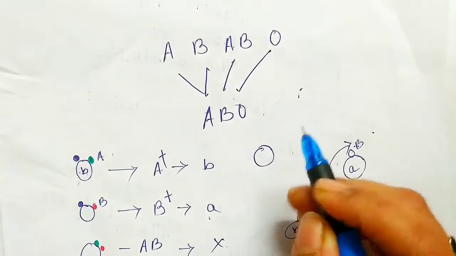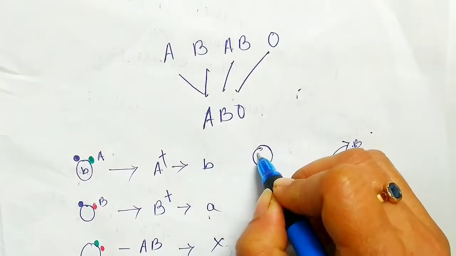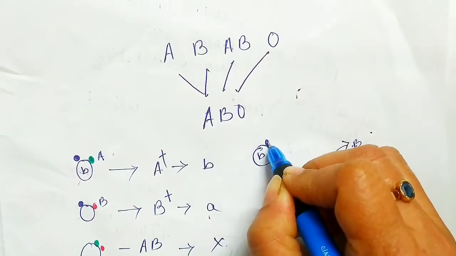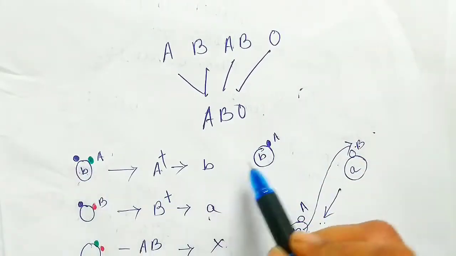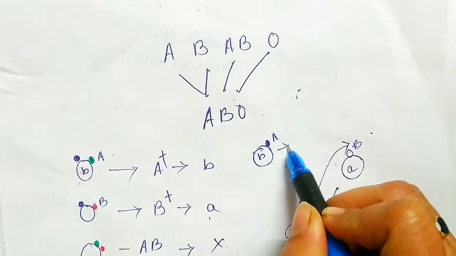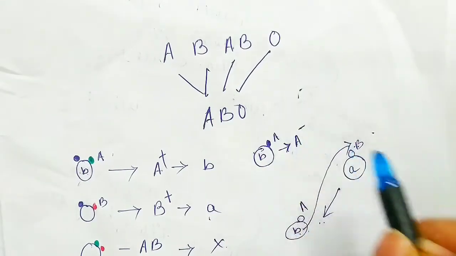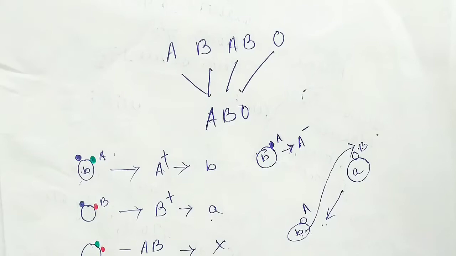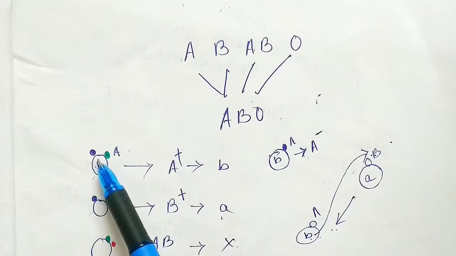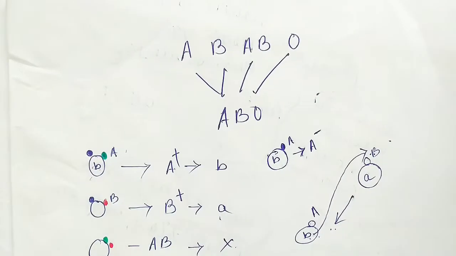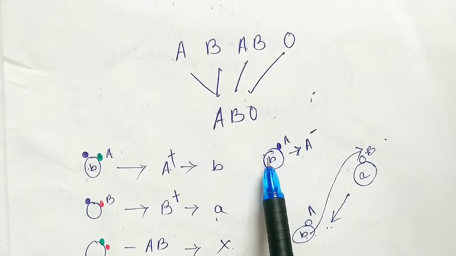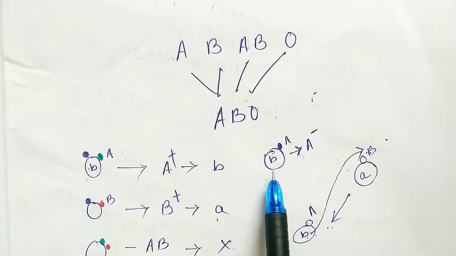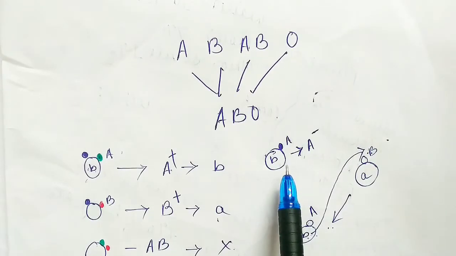But if the RH factor is absent, the blood group is named A negative. So if the RH factor is present on the surface of the RBC, that blood group is called RH positive, and if the RH factor is absent, it is called RH negative.